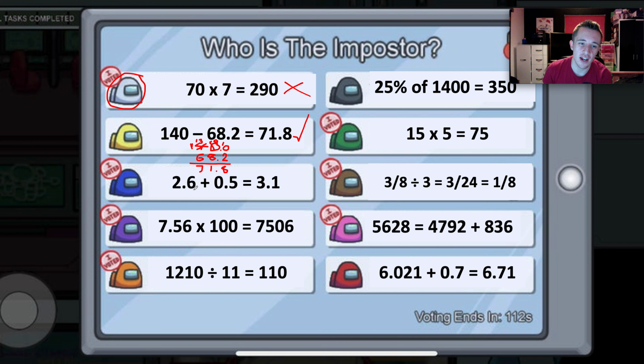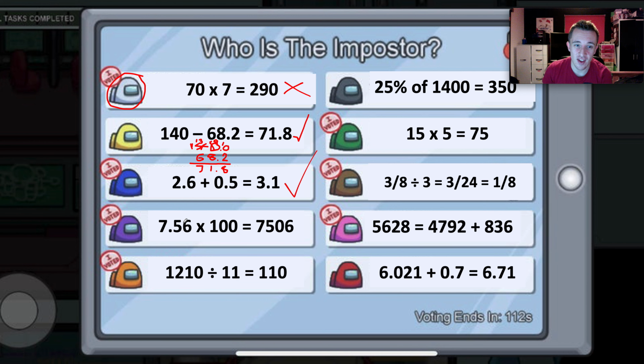Next one, 2.6 add 0.5. Well, if I did 26 add 5, it would be 31. So 3.1 is the correct answer. 7.56 times 100 is 7,506. Okay.